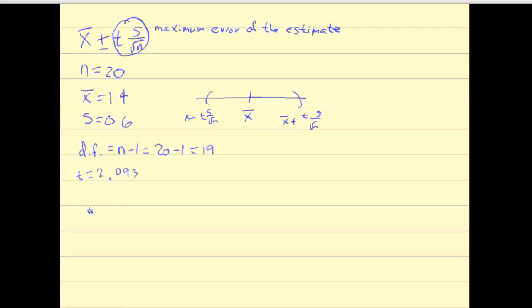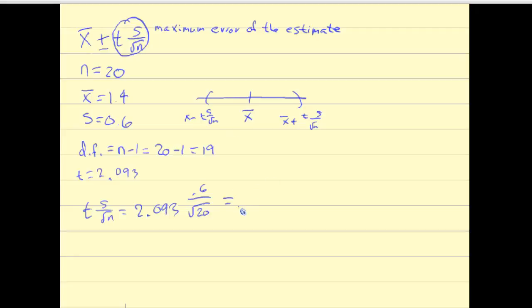So we'll calculate this maximum error of the estimate, t times s over the square root of n. That'll be 2.093 times 0.6 divided by the square root of 20. This is going to give us 0.2808.